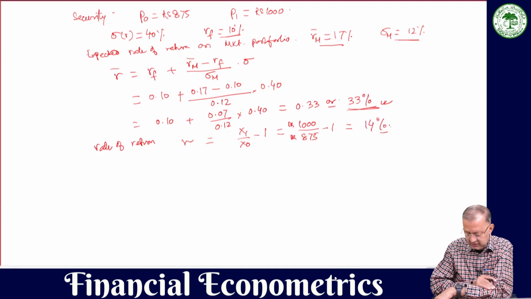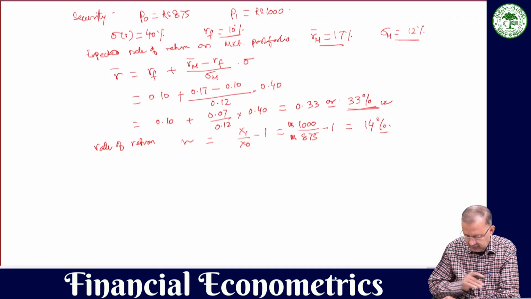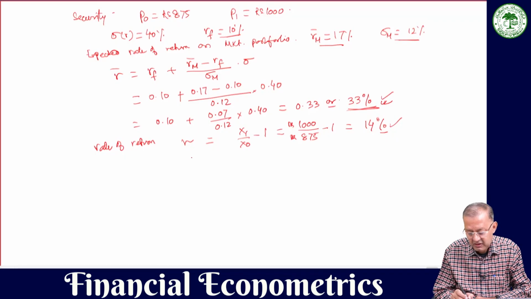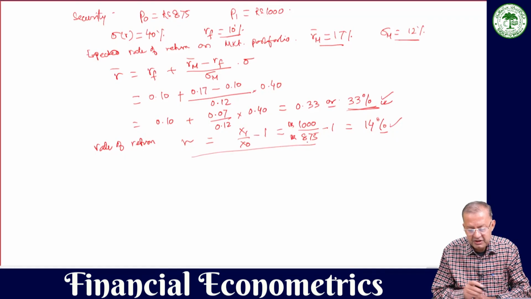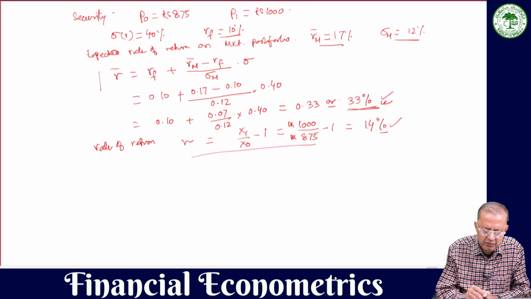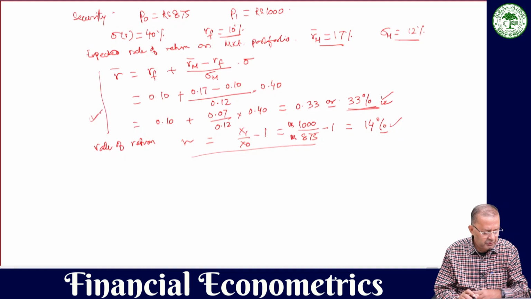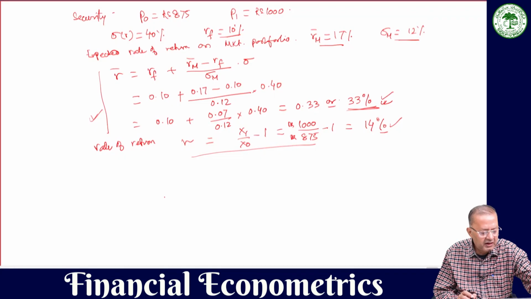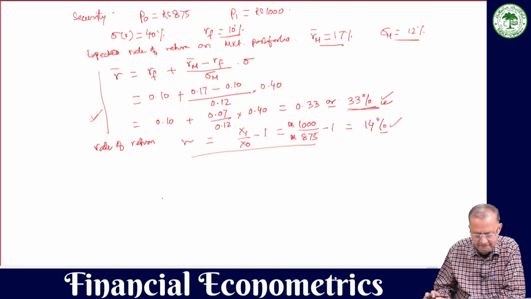So this is higher than this in this case. So the expected rate of return for the market portfolio can easily be calculated by using this formula. Clear? So this formula can easily be applied.